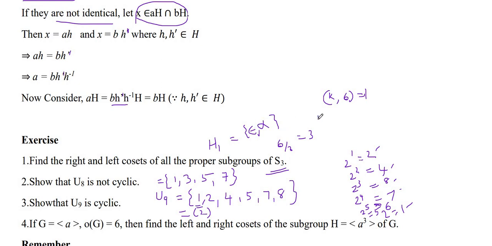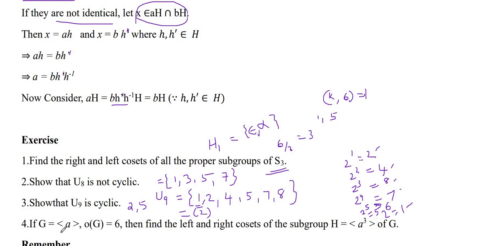So 1 and 5 are the only numbers which are relatively prime to 6. So 2 power 5 is 5. So 2 and 5 are the only generators of this cyclic group. Even if you produce one generator, this will be called a cyclic group only.